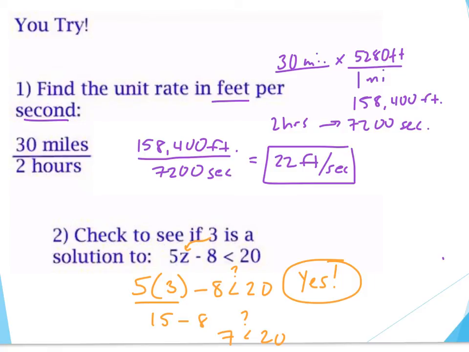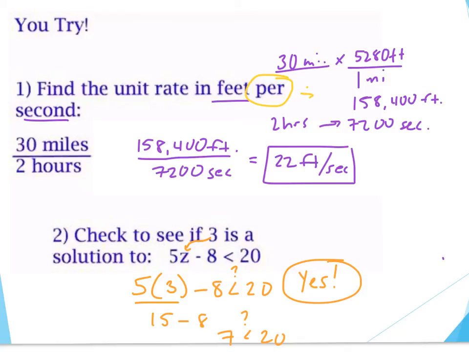So I did the same conversion, 30 miles times 5,280 feet, which is the number of feet in 1 mile. That's going to give me 158,400 feet. Okay, 2 hours, we did that in the problem before, so I just rewrote it. We already did the conversion, so I didn't show it again. 2 hours is 7,200 seconds. So, again, feet per second, when I see the word per, that means division.